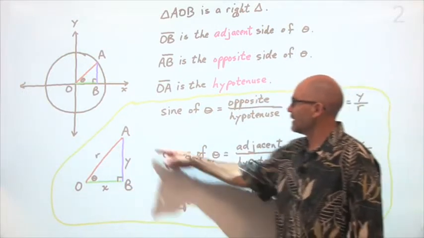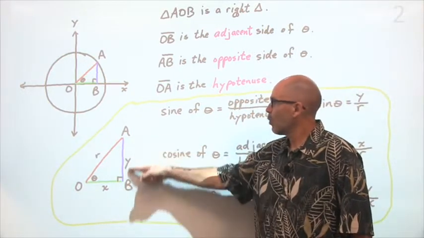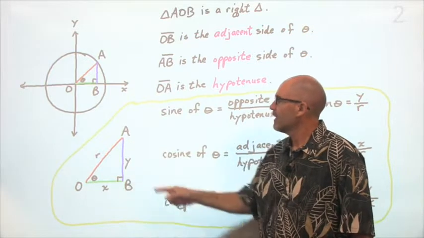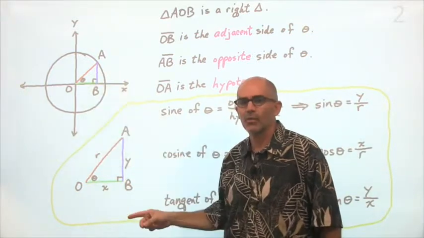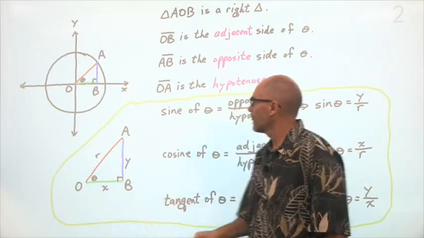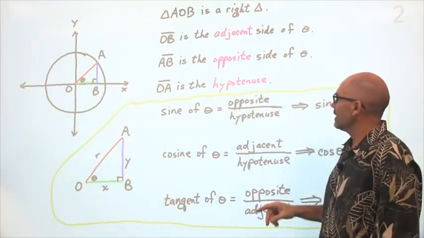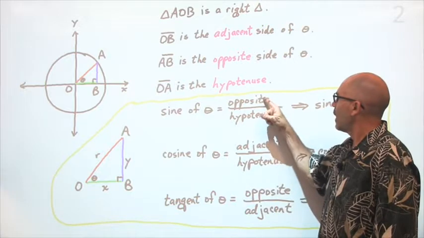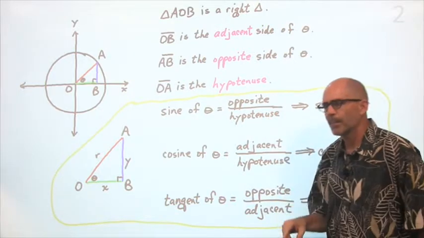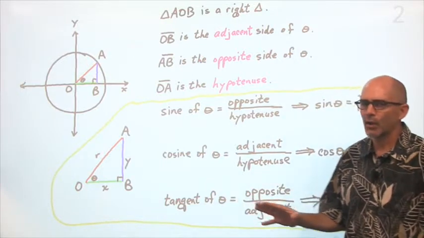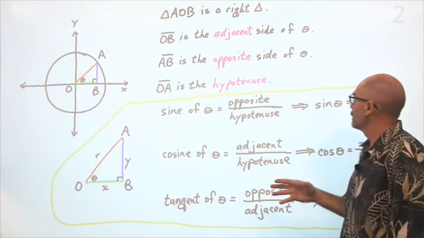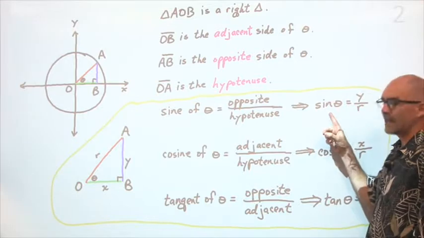The opposite side is the y. The hypotenuse is the radius of this circle, so we call it r. So sine of theta equals y over r. The word sine is way too long, so we abbreviate it as SIN.